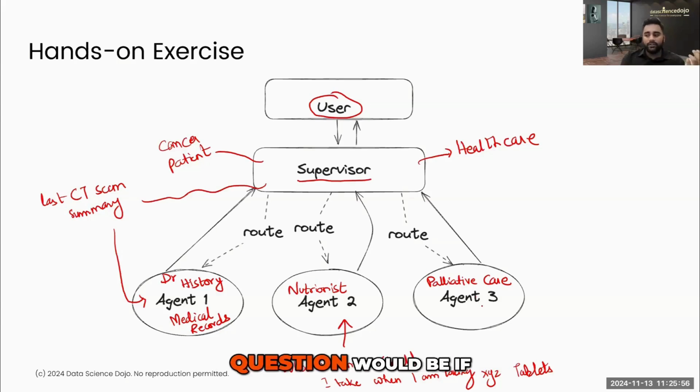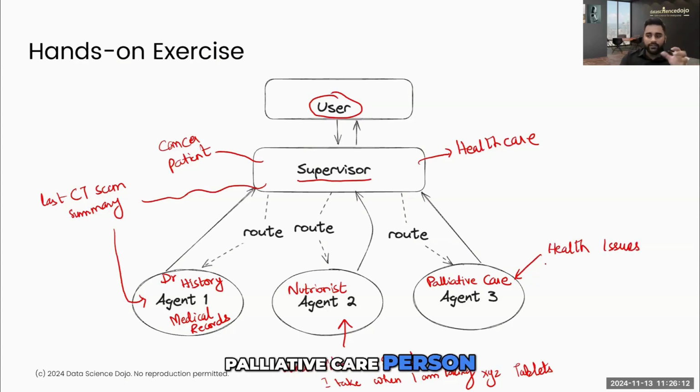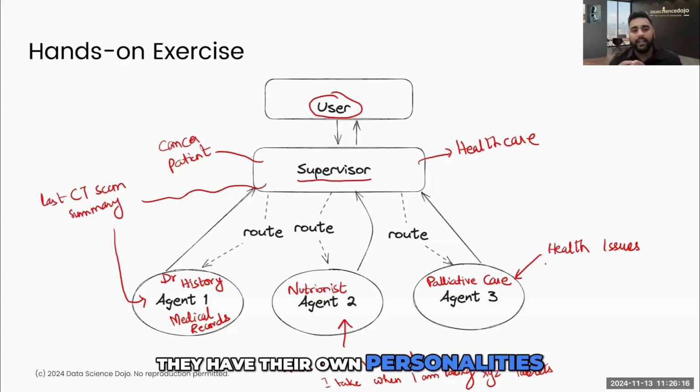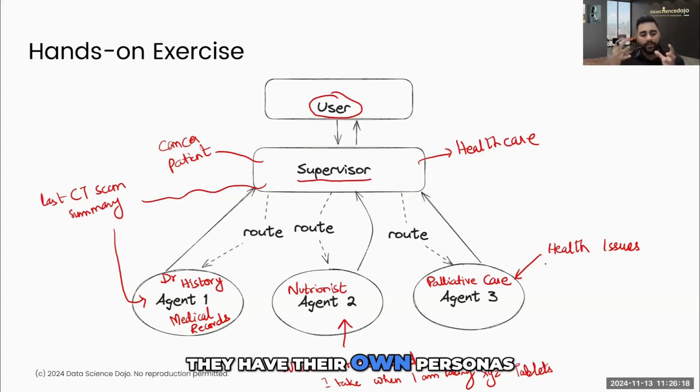And then the third question would be, if the cancer patient is having some issues with his health, any health issues, it is going to direct it towards the palliative care person. So consider all of these agents: they have their own personalities, their own skills, their own personas.